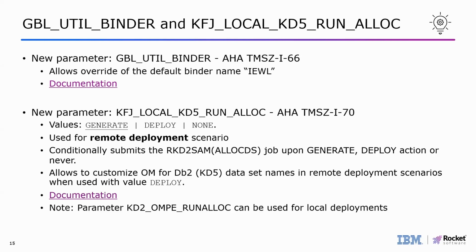And with this option, especially when it's set to deploy, you can achieve that customization in your remote deployment or in your remote rollouts. So deploy would be the option to use for that remote rollout scenario. There is a similar option, KD2 OMP run alloc, for local deployments, which effectively is symmetric to the remote deployment scenario.